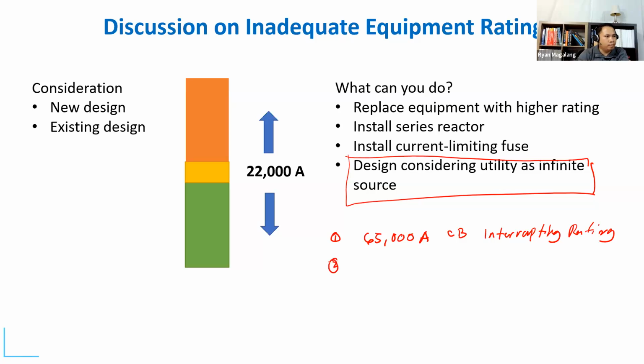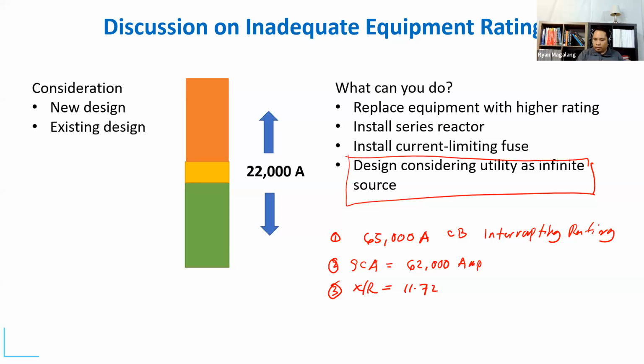Data number 2, we have a short circuit current, short circuit amps, equal to 62,000 amps. And then the XR ratio, data number 3, at that fault location where the breaker is installed is equal to 11.72.